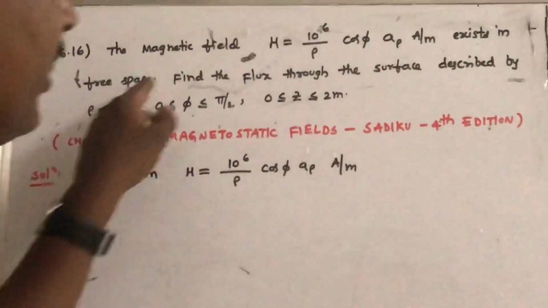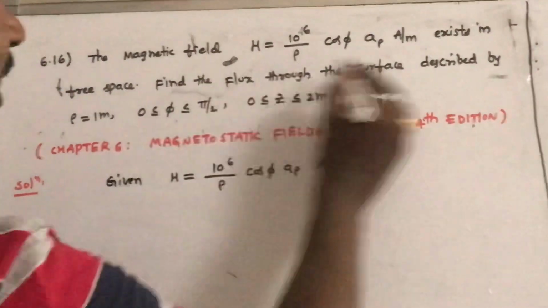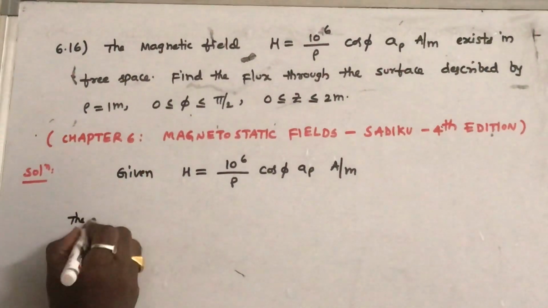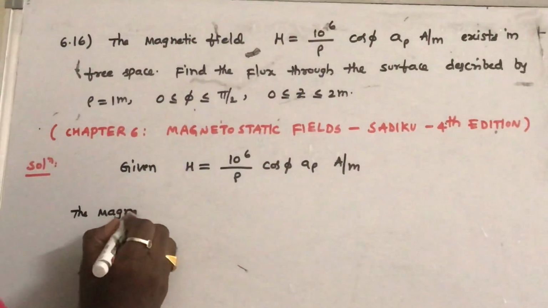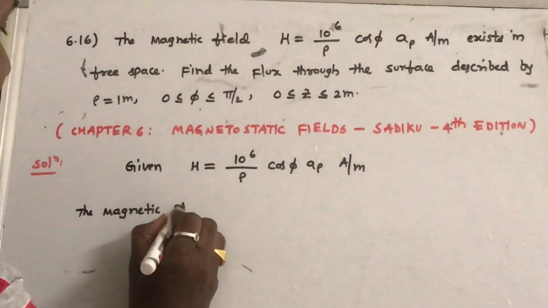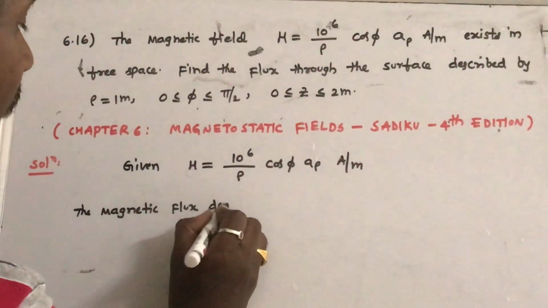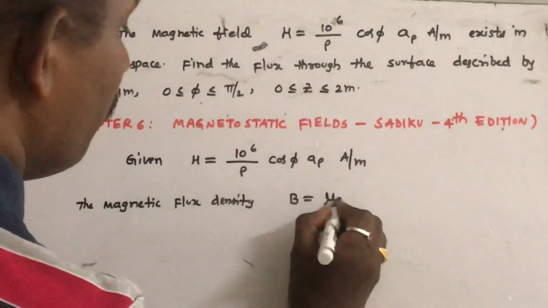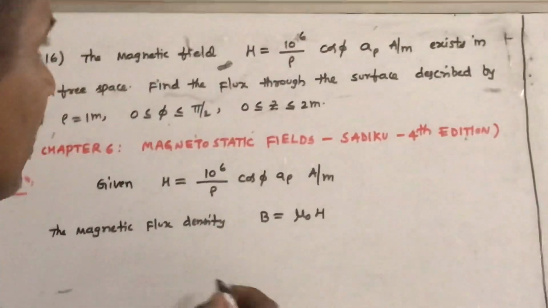What is asked? It is asked to calculate the magnetic flux through the given surface. For that, first let us find the magnetic flux density, which is given by B equal to mu 0 into H, since it is free space.